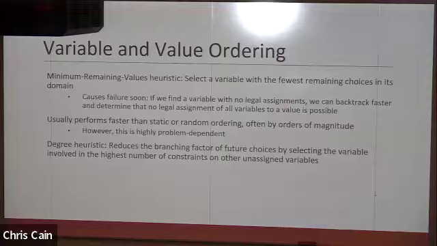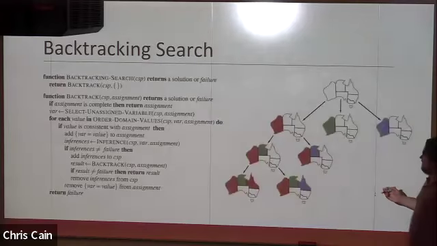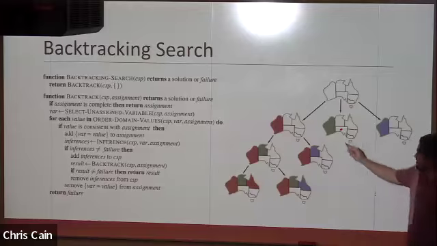There's also the degree heuristic. If we make an assignment, by doing this we're going to reduce the branching factor of future choices. We select the variable that's involved in the highest number of constraints on other unassigned variables. So we go back to the map. If we select this territory and start there, it has the most constraints associated with it, as it has the most neighbors.